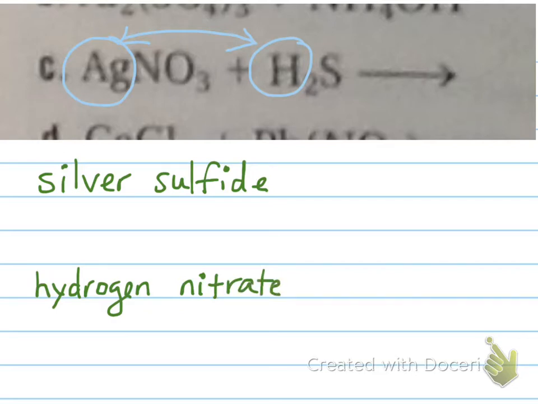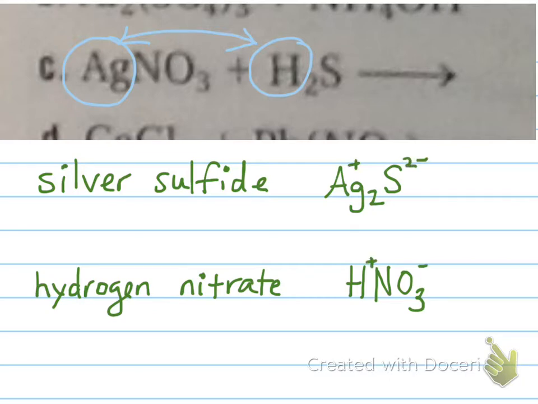And again, both ionic compounds, so I could name them or write their formulas. And again, the formulas come from writing symbols, charges, crisscross, lowest whole number ratio, right? Plus 1, minus 2, this is plus 1, minus 1.